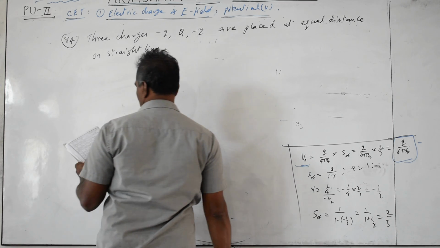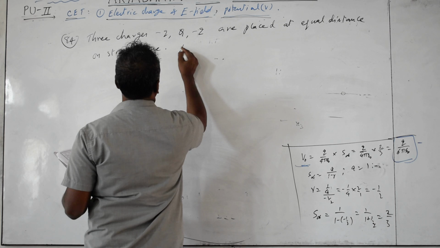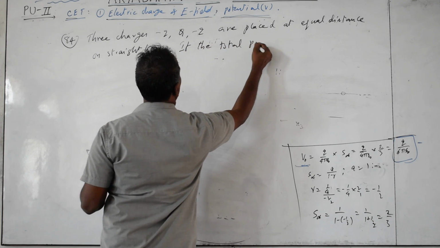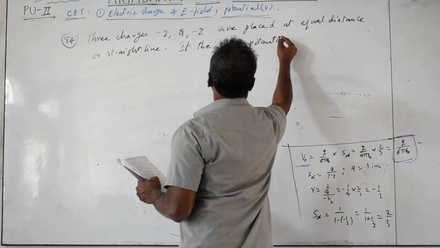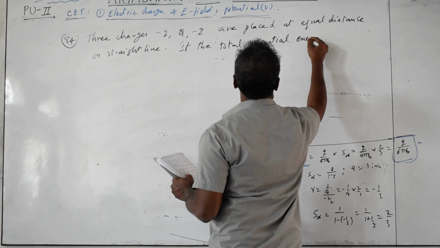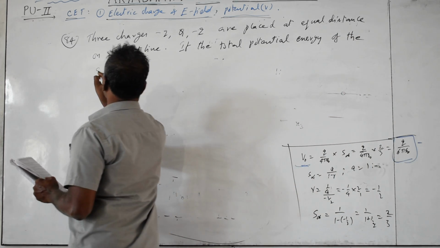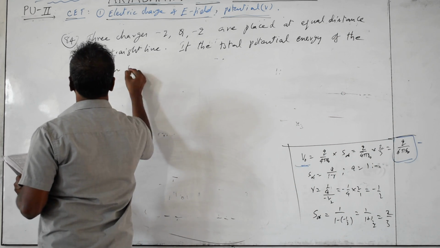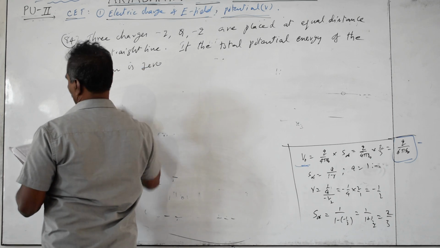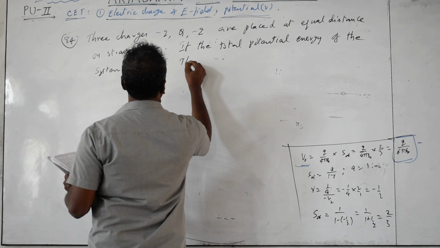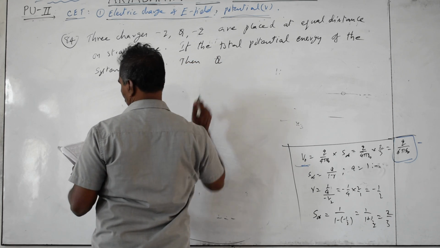If the total potential energy of the system is 0, then find the ratio Q by capital Q.